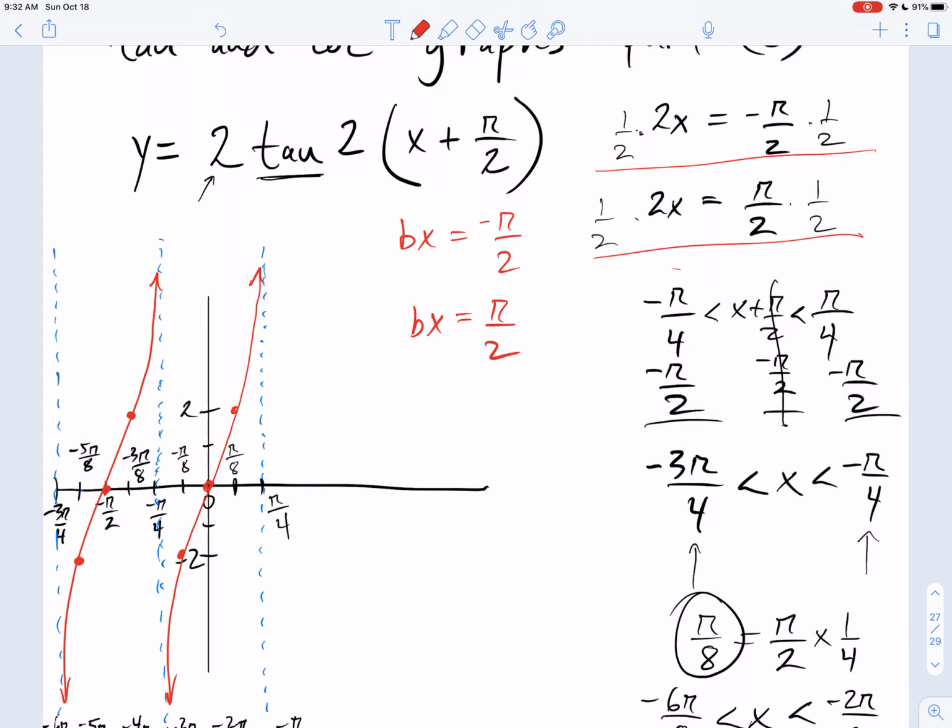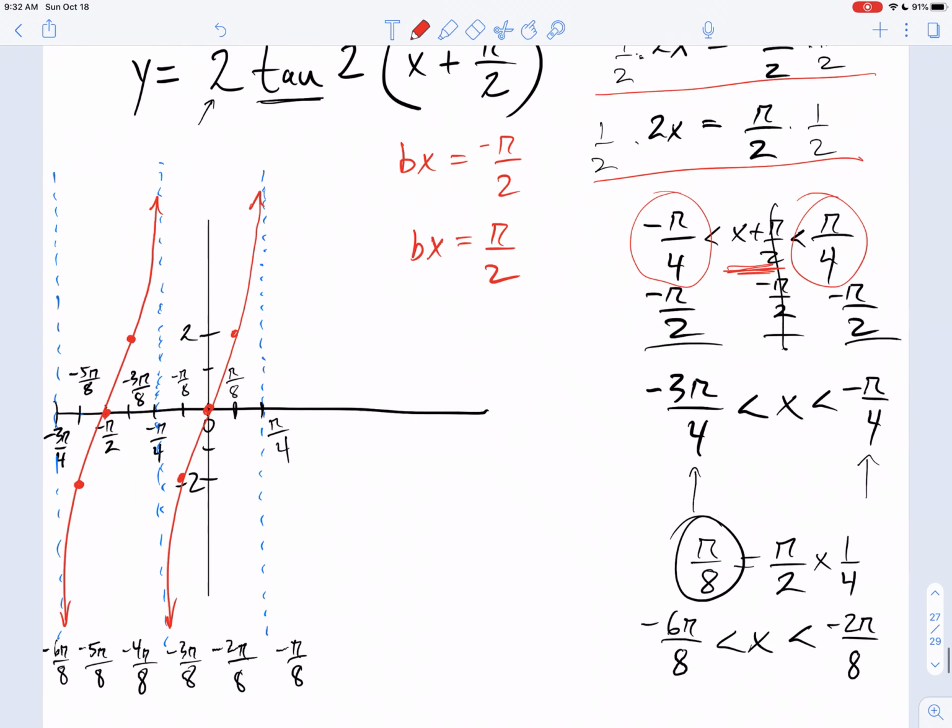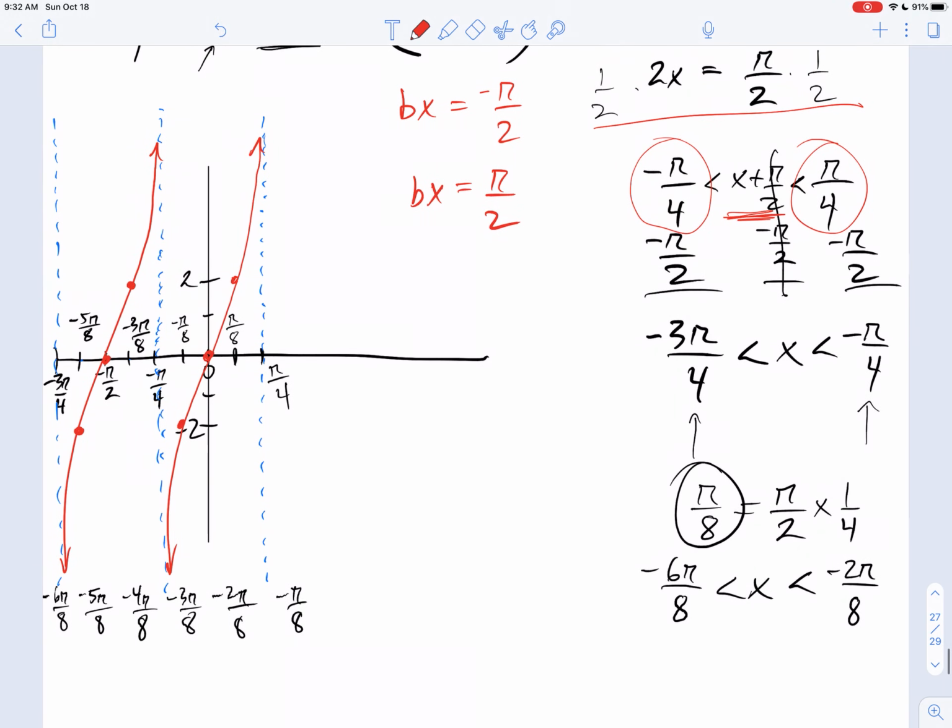It gave me my first asymptote and my second asymptote, but this time we had a phase shift. And when I find out where my 2 asymptotes are, I can find out how far it is apart between them. And that's the part I'm going to multiply by 1/4, that magic number, 1/4. We still use it. So I would do pi halves is how wide my period is, times 1/4, pi eighths.